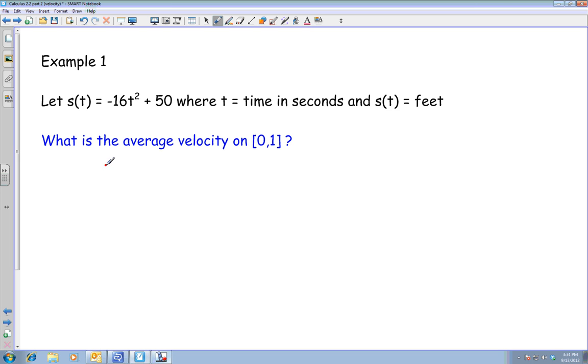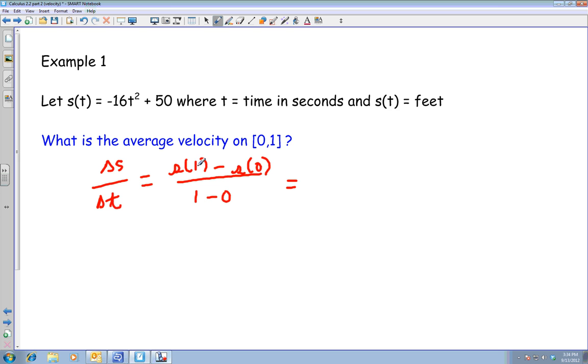Remember, it's the change in my position over my change in time. So how would I do that? I'm going to take my position function and plug 1 into it. Then I'm going to take my position function and plug 0 into it. That shows me the change in my position: my position at 1 minus my position at 0 seconds, over 1 minus 0, my change in time.